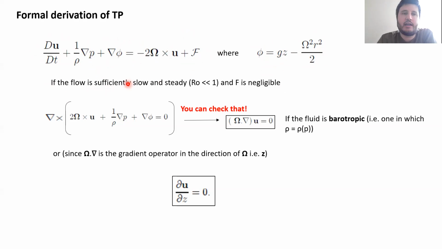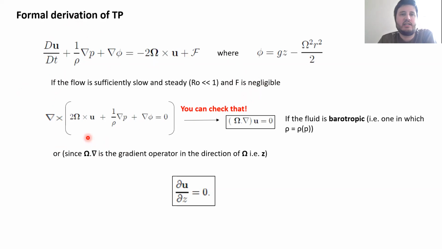Now we take the geostrophic approximation. What does it mean? It means that the acceleration term equals 0. In the geostrophic approximation, we neglect acceleration, and we also neglect friction because we suppose that we are in the free atmosphere, far from the surface.